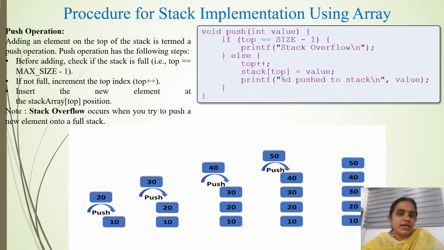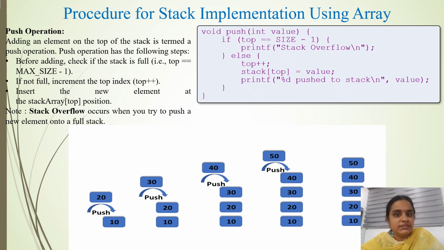Now let's understand how the push operation works in the stack implementation using array. The word push means you add a new element on the top. Before adding anything, we always need to check whether the stack is already full or not.